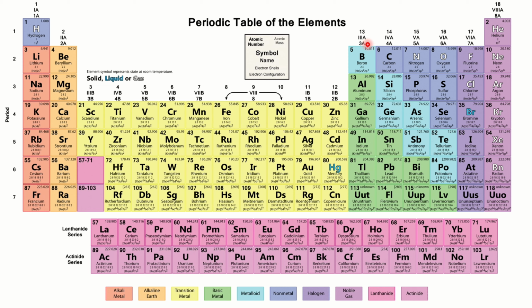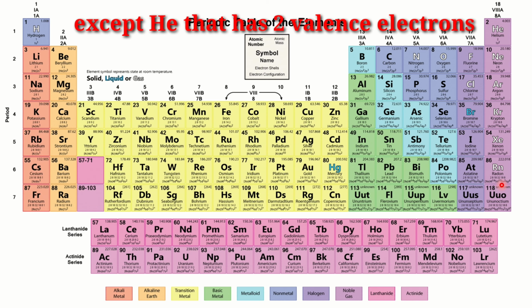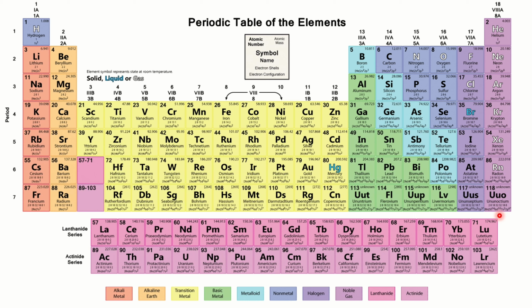We will continue to group 13. In group 13, they have 3 valence electrons. Group 14, they have 4 valence electrons. Group 15, they have 5 valence electrons. Up to group 18, they have 8 valence electrons. We will just look at the group number to identify the valence electrons, except the transition metals.